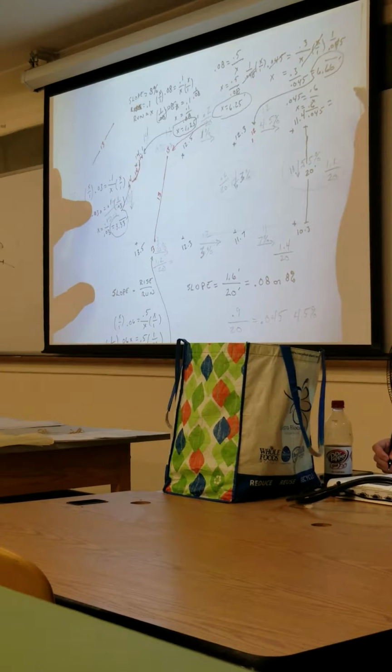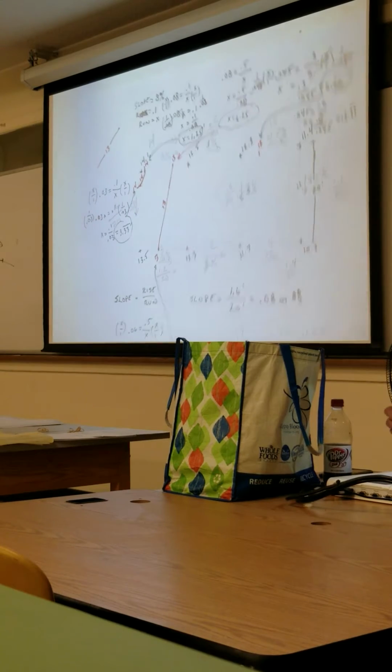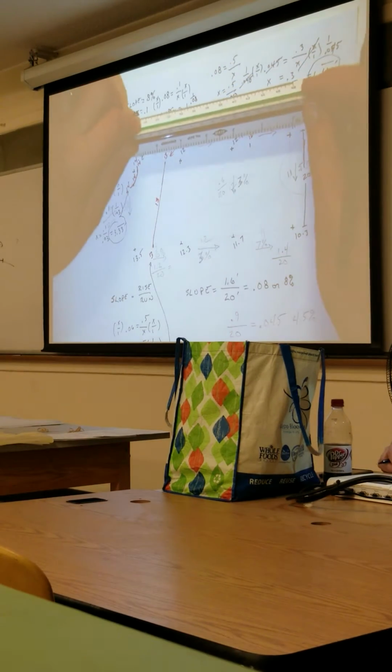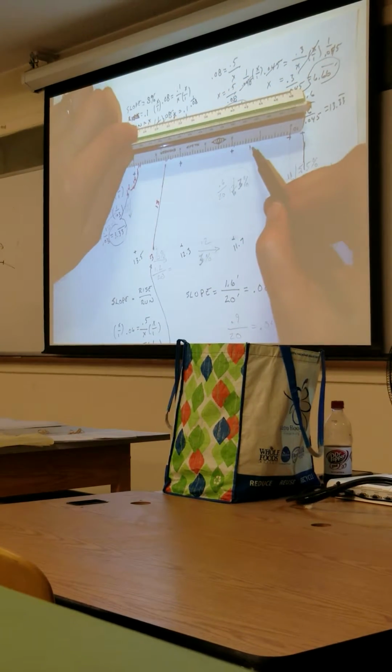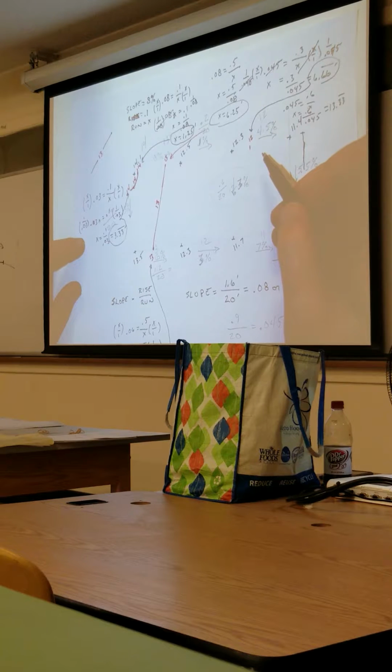What is that? 13.3, yeah. Bars. I like that word, by the way. So if you go 13.3, it should come out to the exact same spot that you just did. Okay? That's your way of checking.